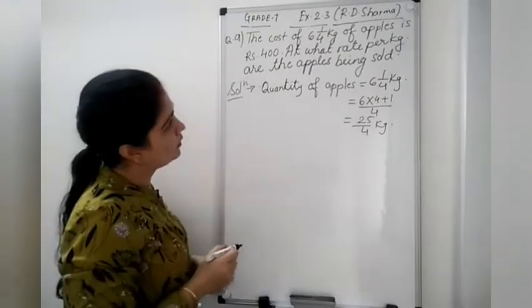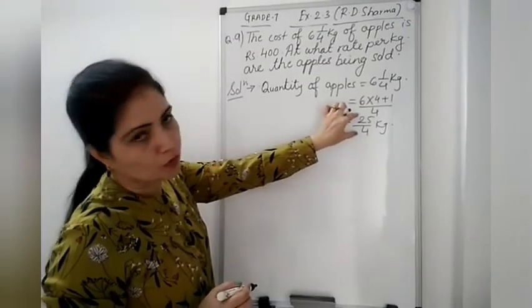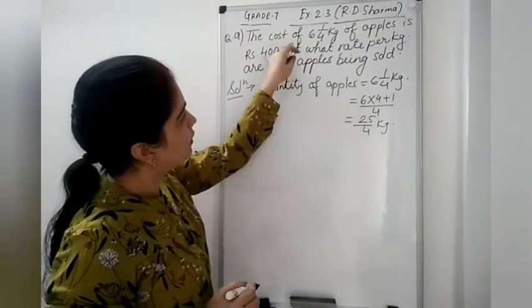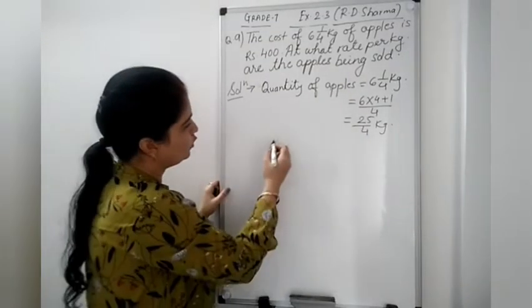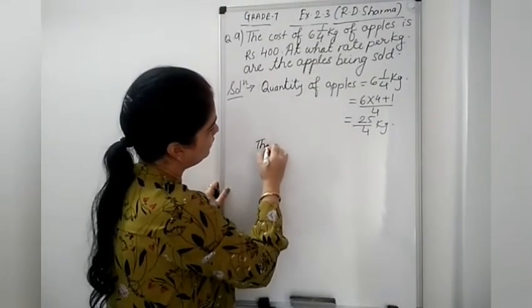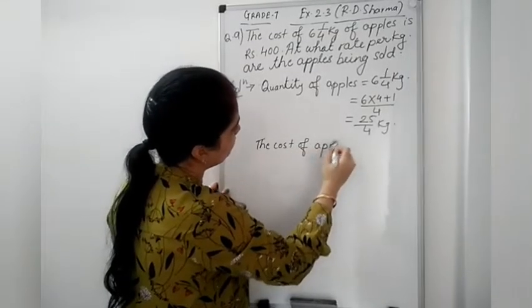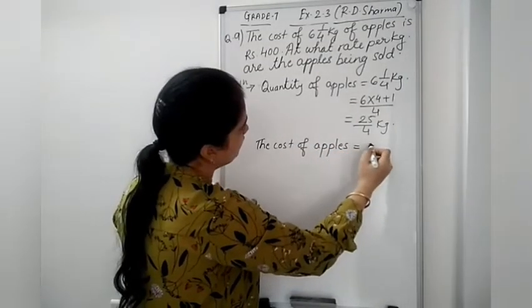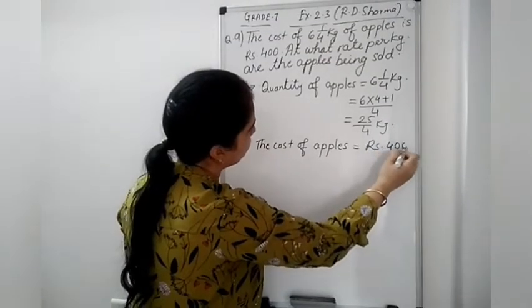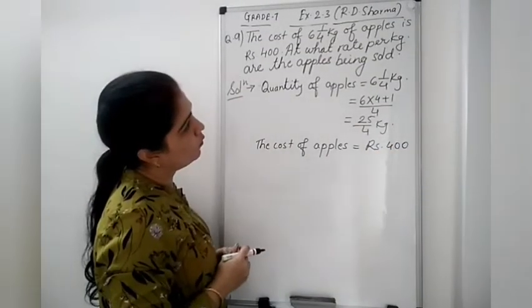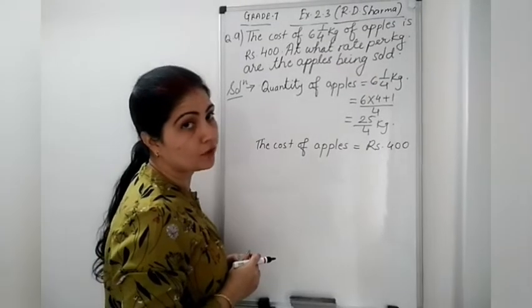Now it is given that he sold this much apples for 400 rupees. So the cost of apples is 400 rupees. Now we need to find the cost per kg of apples.